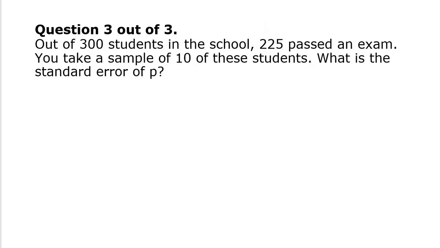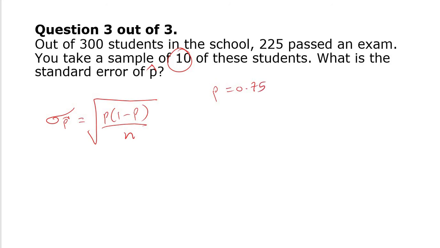Question number 3. Out of 300 students in a school, 225 passed an exam. You take a sample of 10 of these students. What is the standard error for p hat? Okay, so to find the standard error or the standard deviation, we know that the standard deviation for the distribution of sample proportion is equal to the square root of p times 1 minus p divided by n. We know that p is equal to 0.75 from the previous question, and we have n is equal to 10.